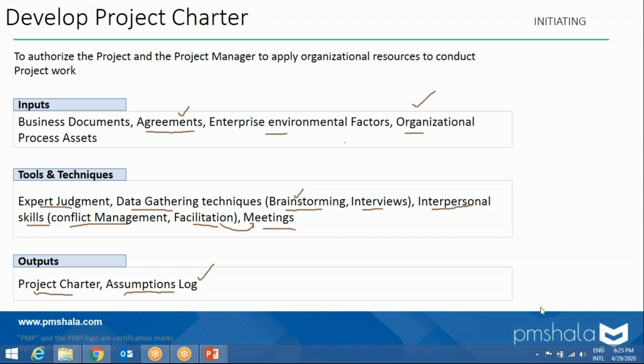I'm not sure. Hello. Yes, who is this, please? Sir, this is Nikunj here. I'm just able to view from my smartphone, but when I'm trying to log in through PC, I can't see the presentation, can't even hear anything.